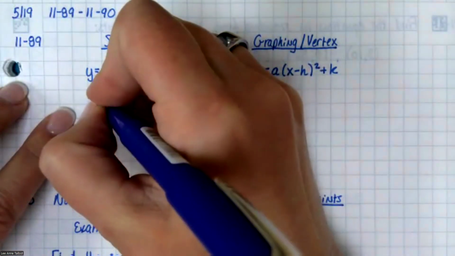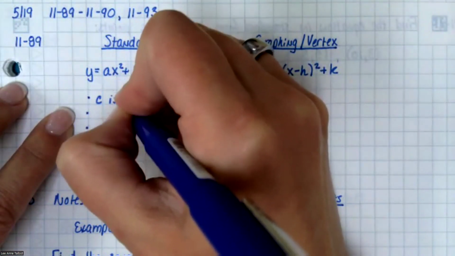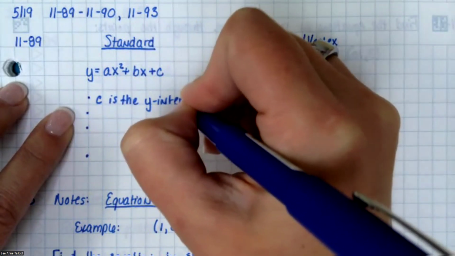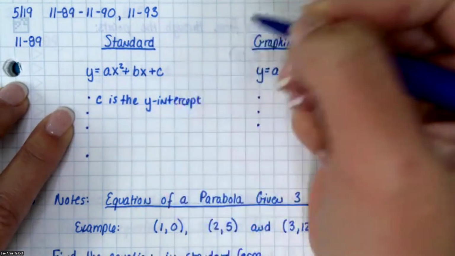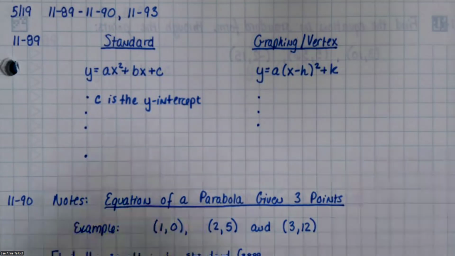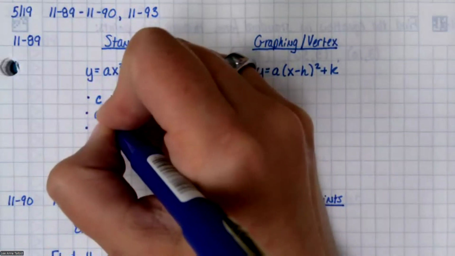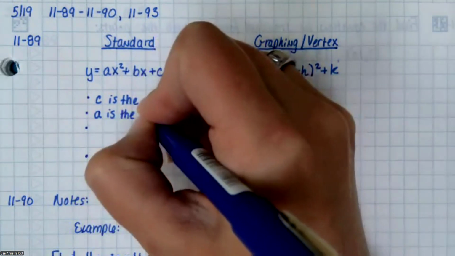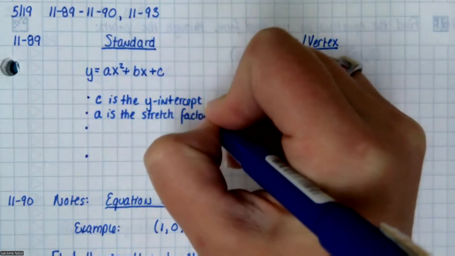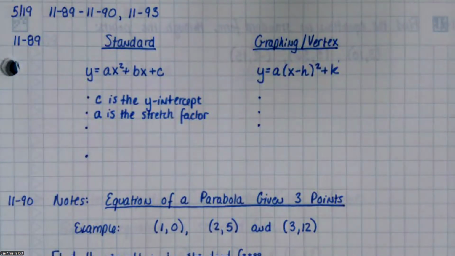On this one, C is the y-intercept. Very easy to graph that coordinate of C. A is the stretch factor.